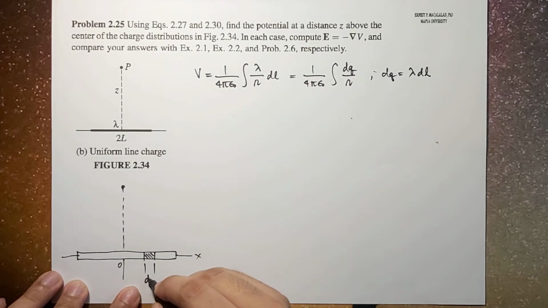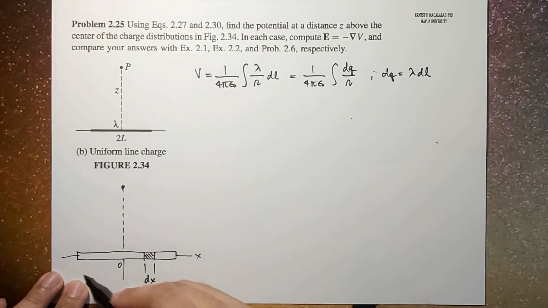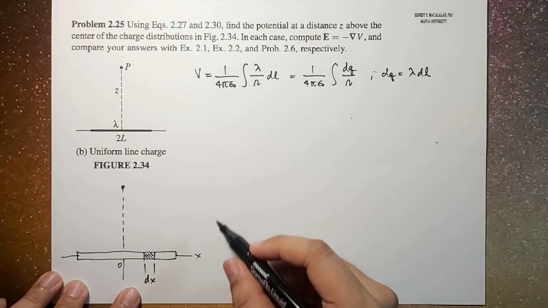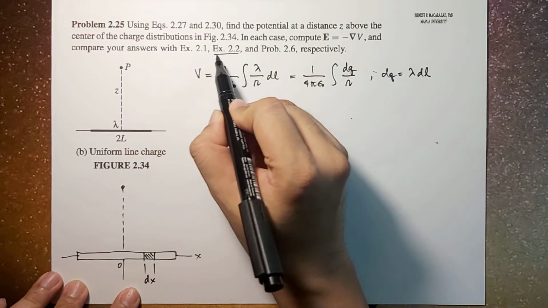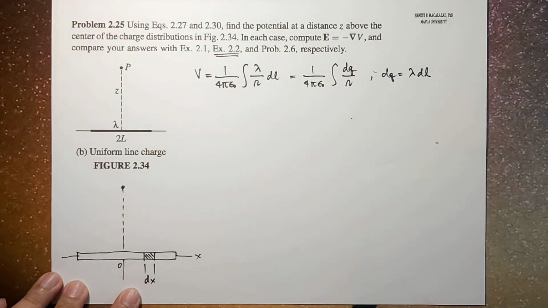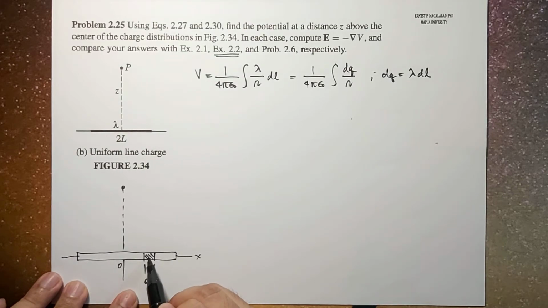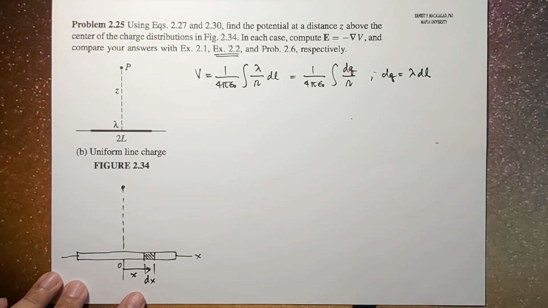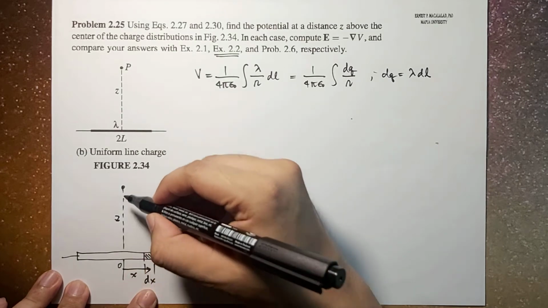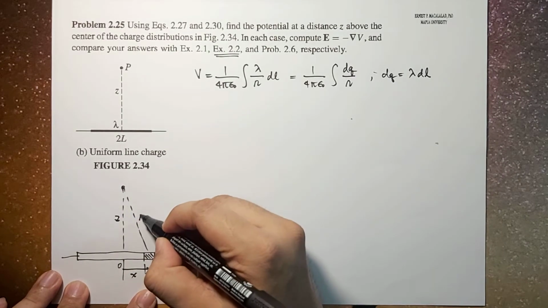In this case, this will be dx, because the line is along the x-axis, as we saw in example 2.2. And from the origin, this line element will be at the position x. Okay, if this is z, this will be script r.